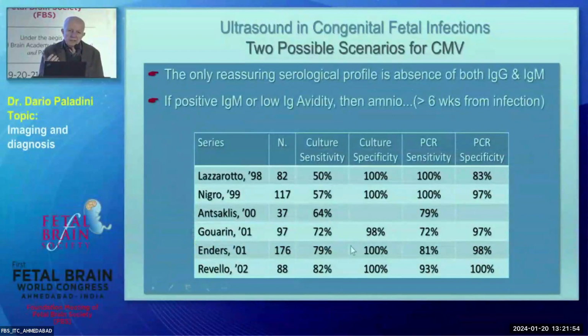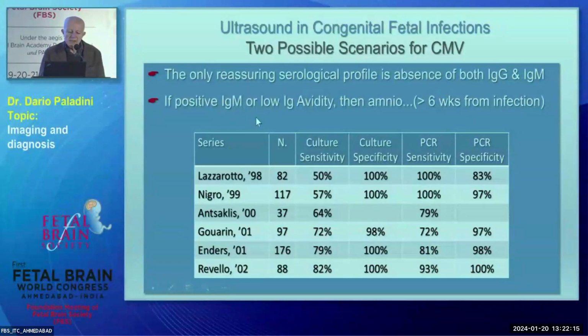If you look at the mother's serological profile, the only reassuring profile is the absence of both IgG and IgM. Why? Because we know that even if you have a positive IgG and negative IgM, you may have a reinfection, so this is not enough to rule out CMV infection.